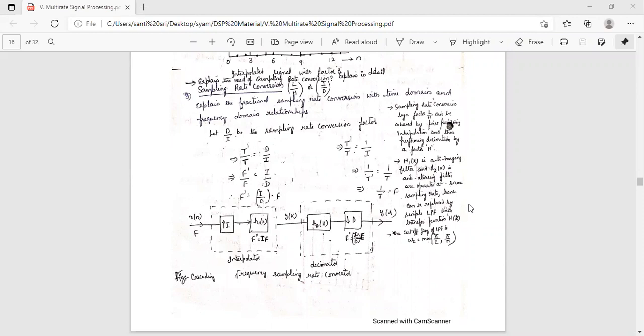So let I by D be the sampling rate conversion factor, with interpolation and decimation.